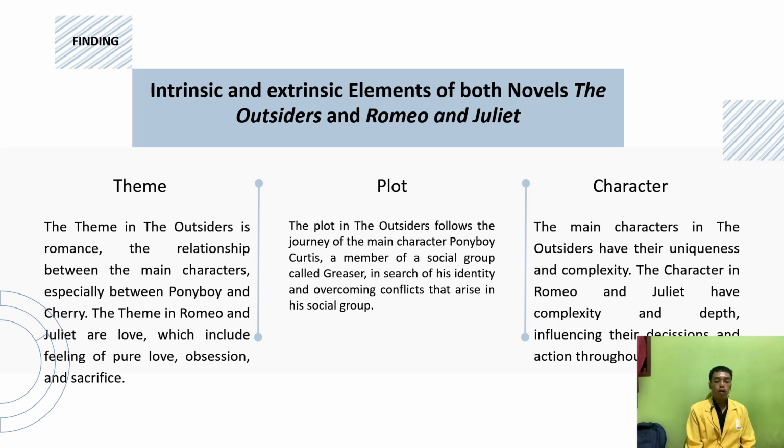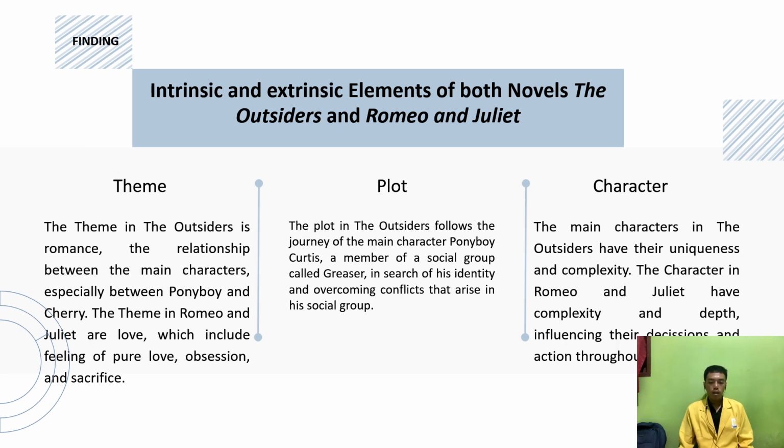The plot in The Outsider follows the journey of the main character Ponyboy Curtis as a member of the Greasers. Ponyboy searches for his identity and overcomes conflicts that arise in his growth.